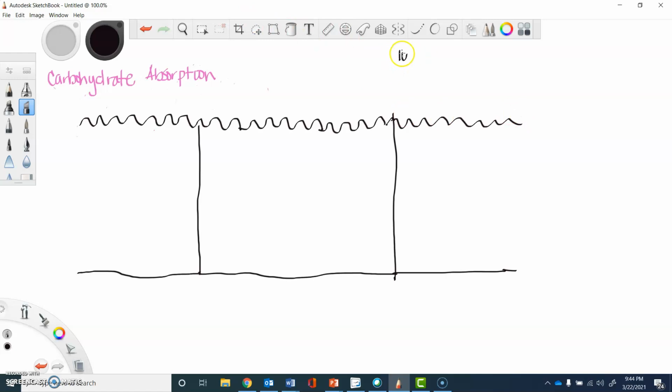So the lumen is up here. All right, and I'm going to erase this carbohydrate absorption right here so it doesn't get in my way. But that's what we're doing. Okay, so here's my cells.